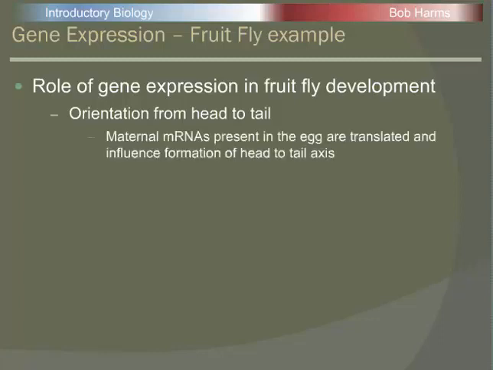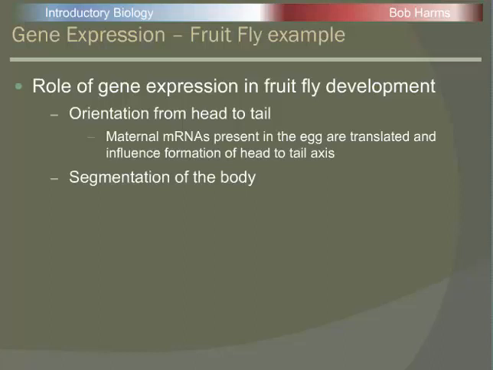And it turns out that there are messenger RNAs present in the egg produced by the maternal side, by mom, that are going to be expressed and are going to influence the development of which end is going to develop into the cells that become brain cells versus which end is going to develop those tail cells.